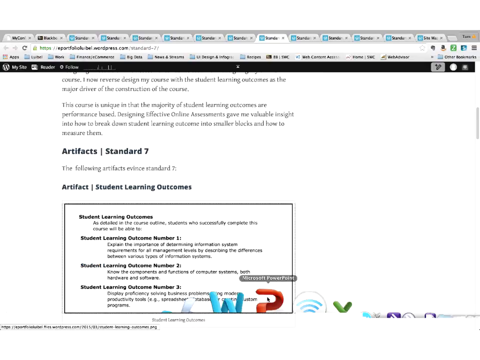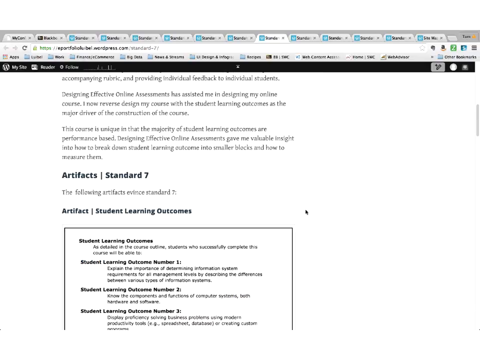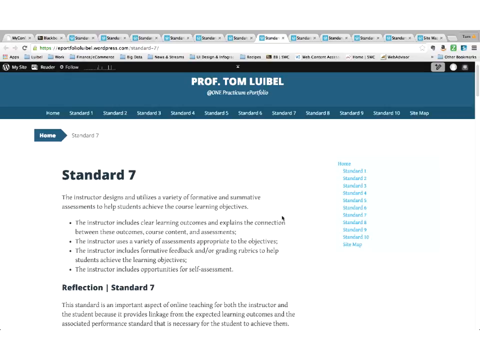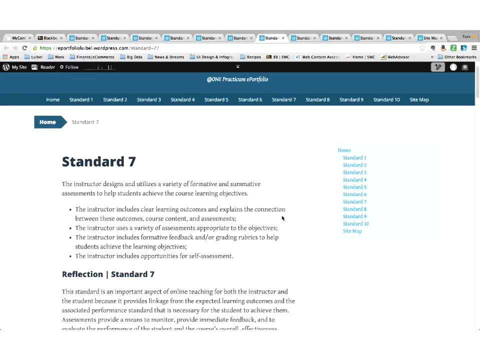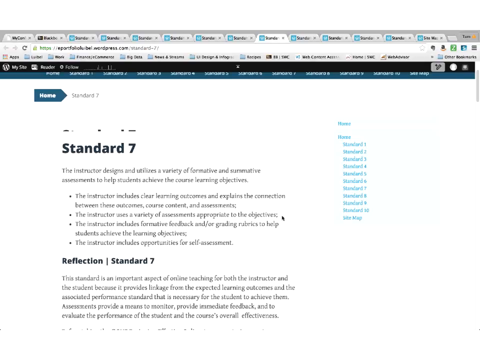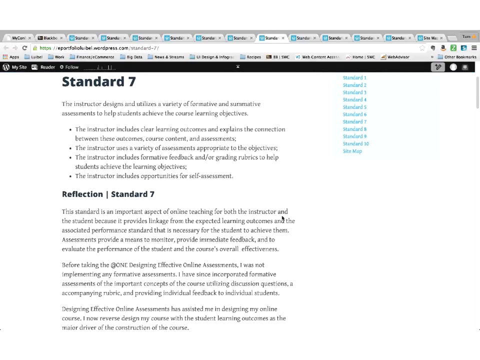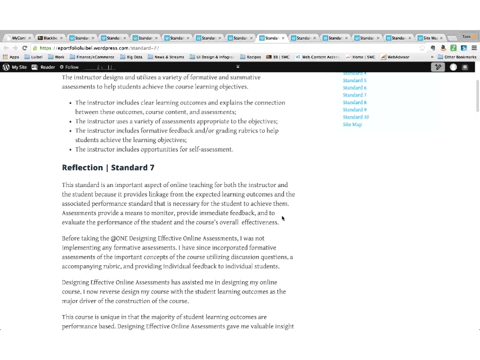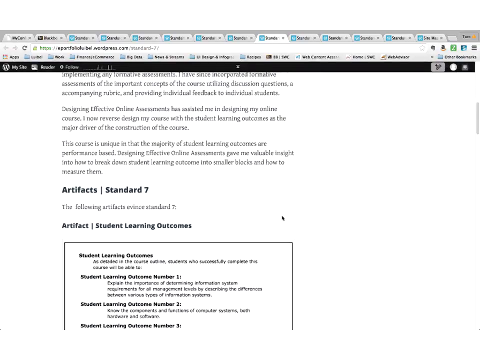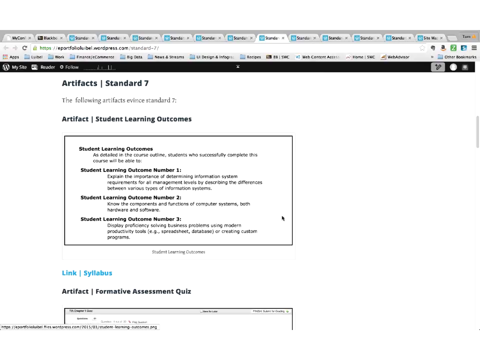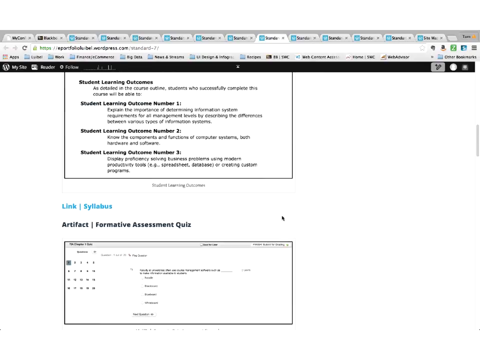Continue. Thank you. Okay. So, in a nutshell, standard 7 has to do with assessments, with formative and summative assessments, and I've included the student learning outcomes, which, by the way, just to note, we have concordance agreements and some other agreements.